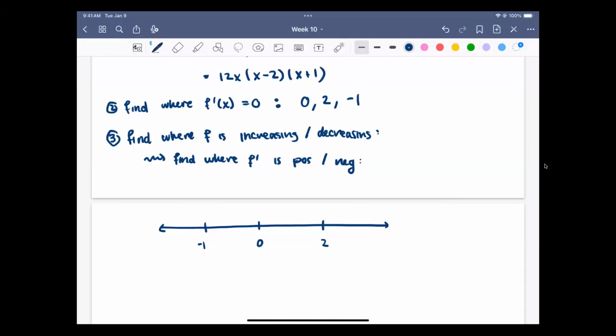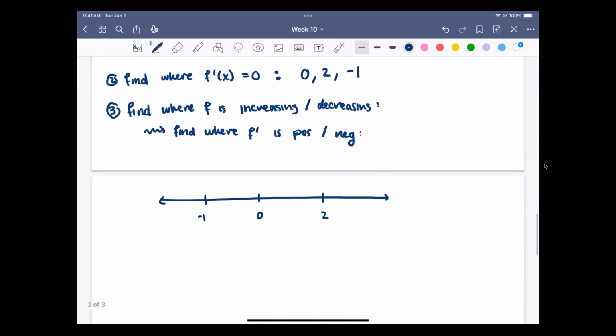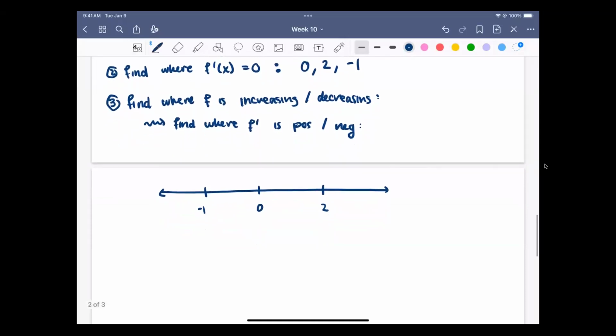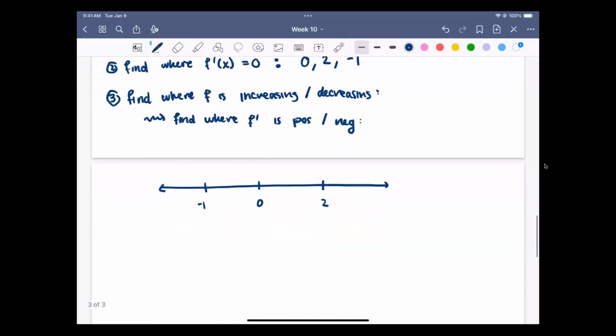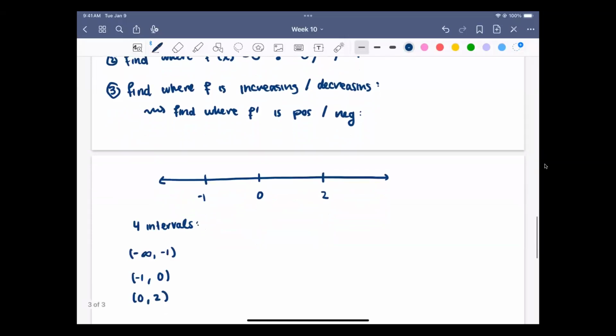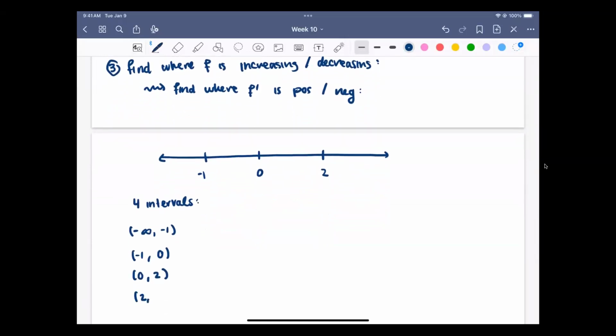And so, like we said before, you could just test numbers from within that interval, but I'll show you another way that you can figure this out. So you can make this little chart. So we have 4 intervals to test. So we have -infinity to -1, -1 to 0, 0 to 2, and 2 to infinity.